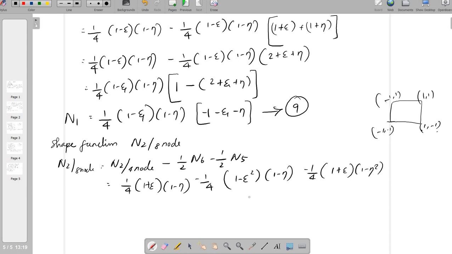So I am going to take all the parts: 1 by 4, 1 plus epsilon, 1 minus eta. So 1 minus, if I am taking 1 plus epsilon, here it will remain 1 minus epsilon one term, and plus, if I am taking 1 plus epsilon and 1 minus eta, here it will remain 1 plus eta.